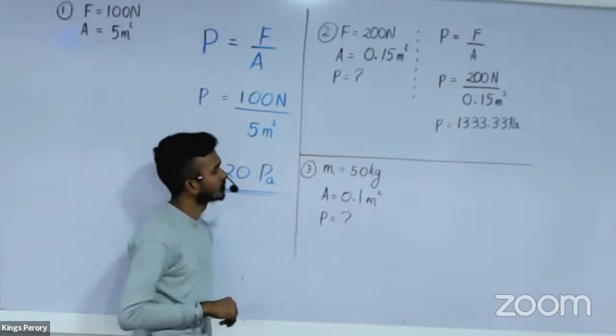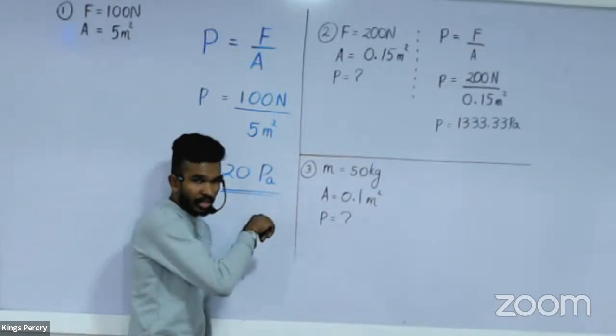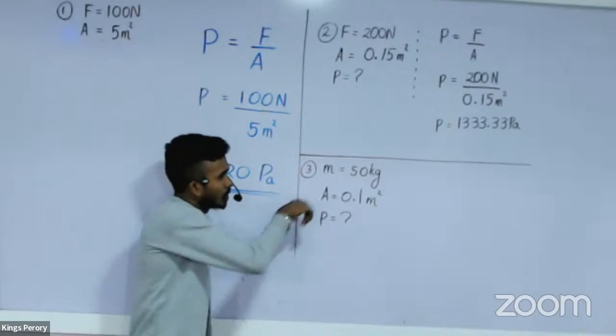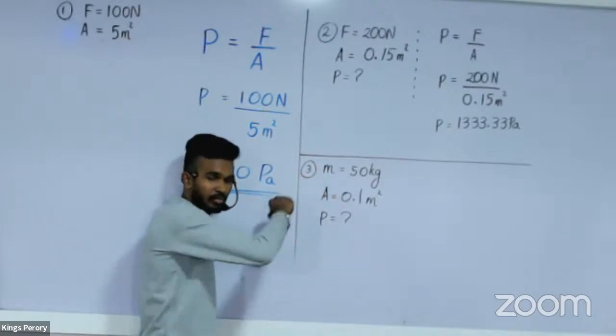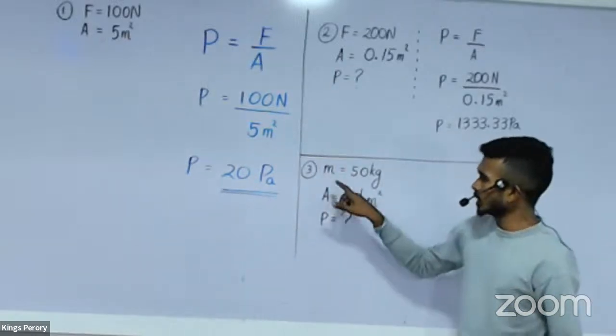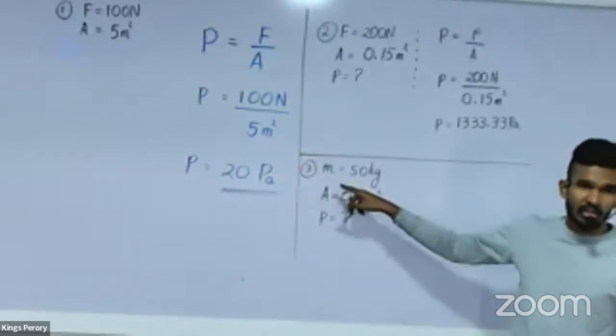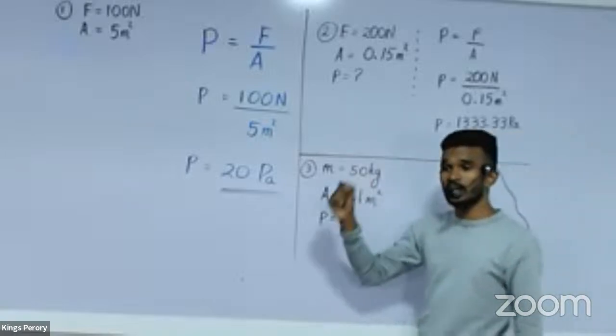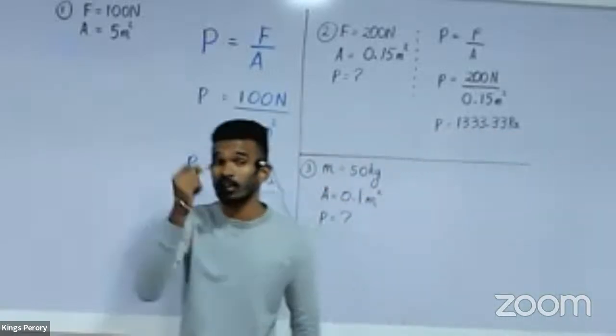A girl is standing on a white tile. Mass of the girl is only given. Mass is how much? 50 kilogram. Using mass, can you solve the pressure question? No. First of all, you need to find the force acting on the white tile.